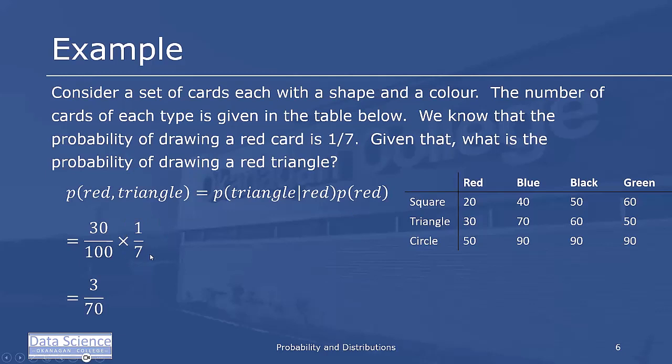We also know the probability of picking a triangle, given that we picked something red, is 30 over 100. 30 over 100 times 1/7 is 3 over 70. Of course, we could have done this directly, but we want to illustrate in this example that we can use this conditional probability rule.